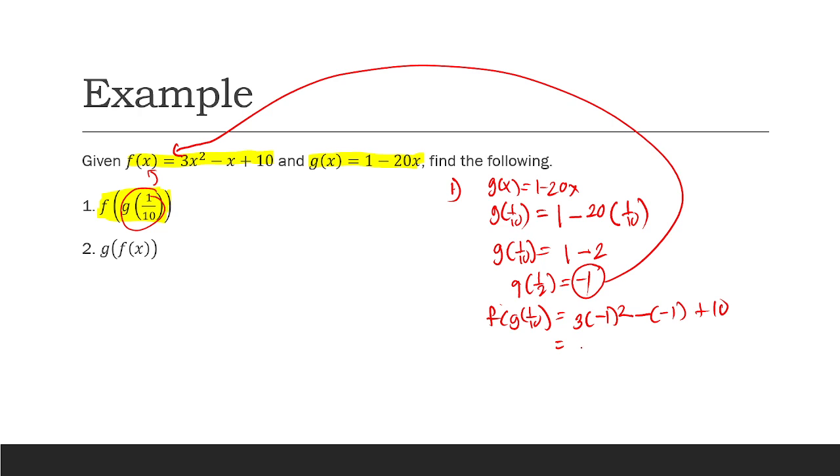So, we will arrive at 3 plus 1 plus 10. So, we will have 14. Hindi ko pala nilagay yung sagot. So, therefore, yung f of g of 1/10 natin, that is equal to 14. So, that is for number 1.